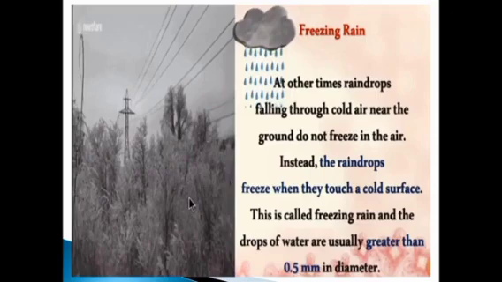So, freezing rain means the rain will not come as ice drops, but when it comes in contact with a cold surface or object, it will freeze.